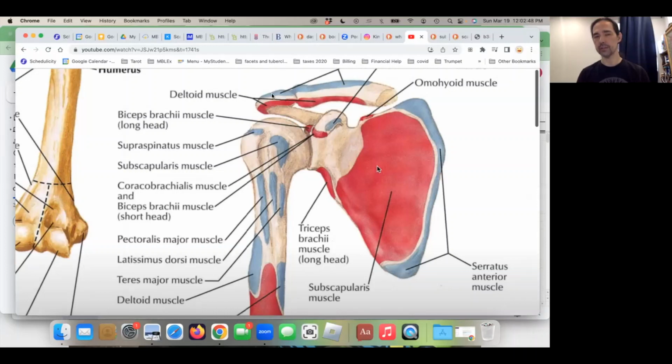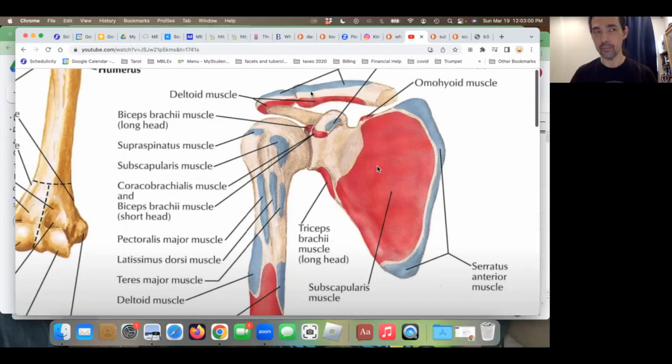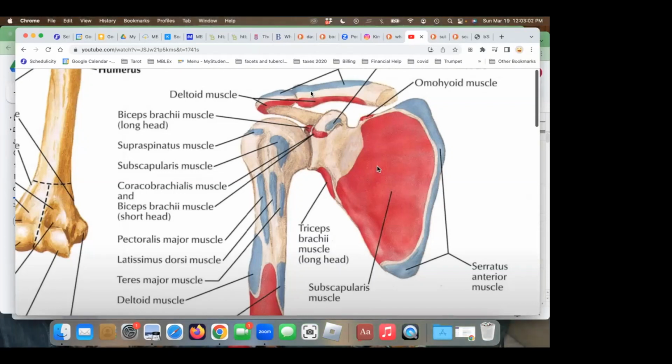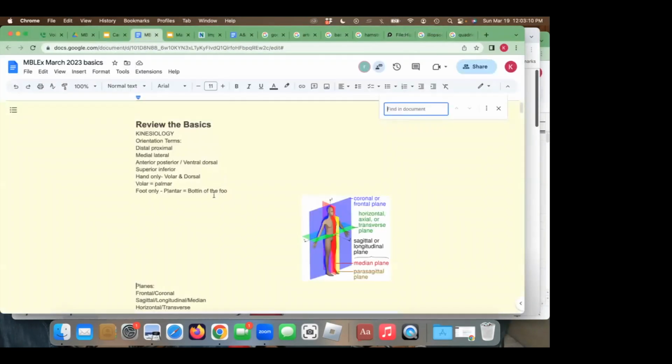What's the name of that joint? Acromioclavicular joint, right.